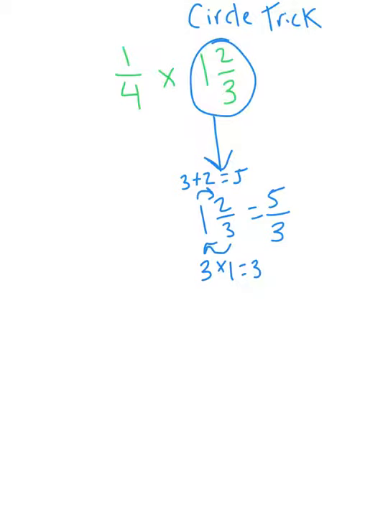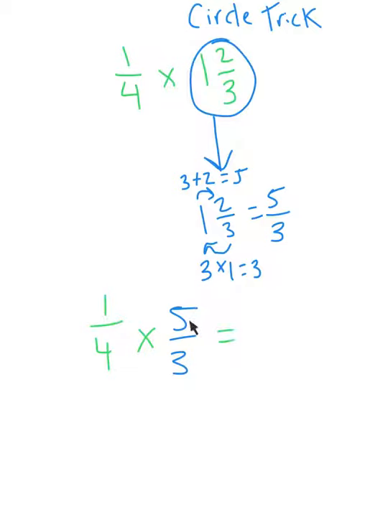So I just figured out using the circle trick that 1 and 2/3 is equal to 5/3. But I'm not done yet. I have to plug this back into my equation. So my original equation is 1/4 times, and instead of 1 2/3, I'm going to plug in my 5/3, and that is going to equal, let's multiply across.